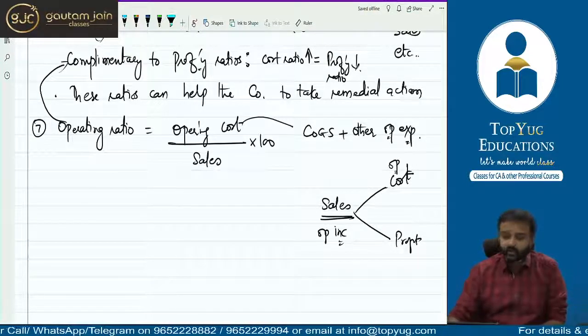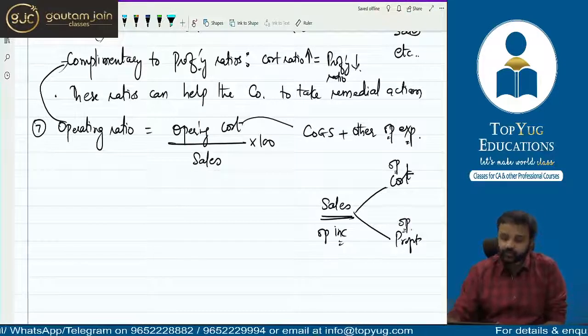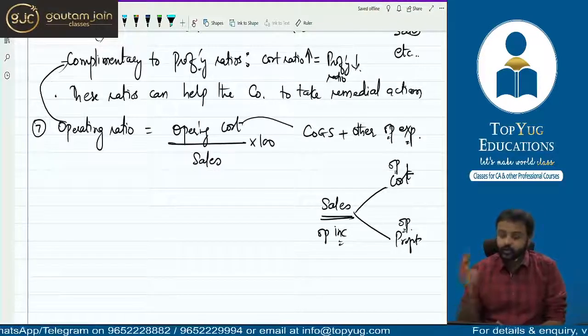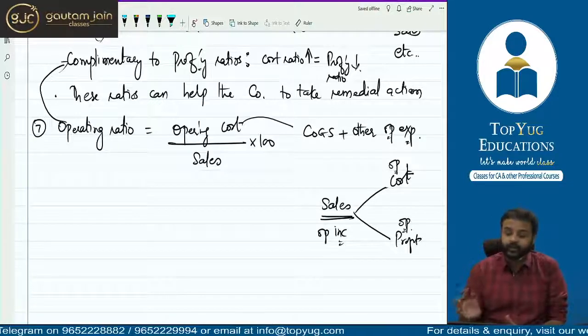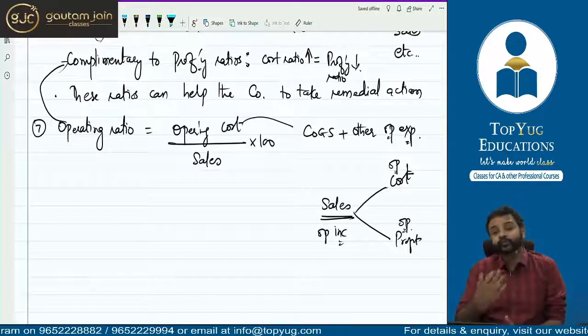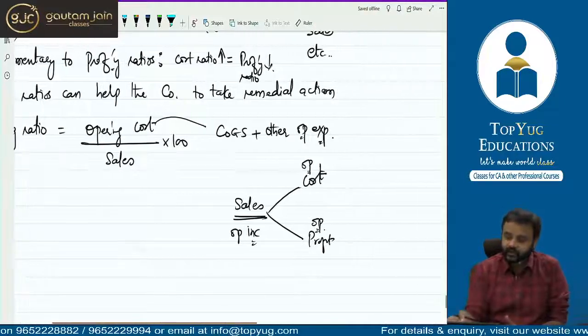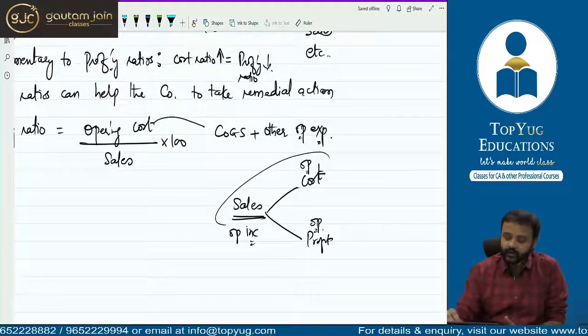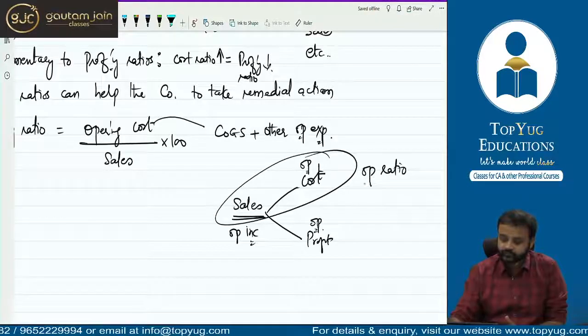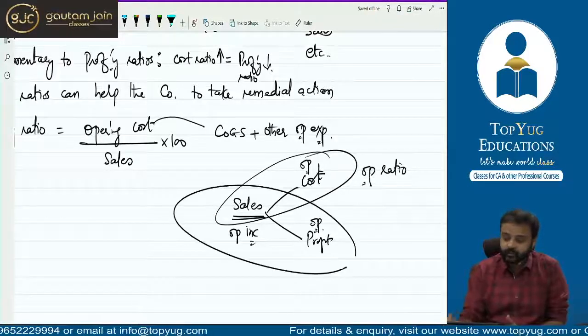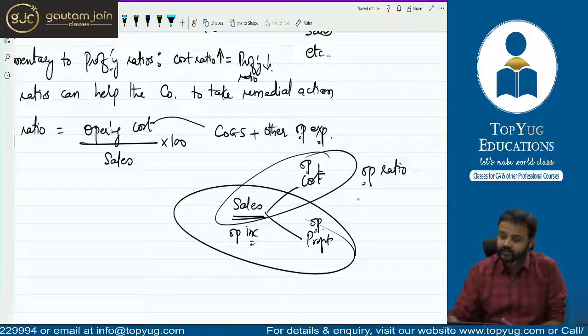Operating cost. When you are talking about profit, which profit? Operating profit. So operating cost to sales is operating ratio. Operating profit to sales is operating profit ratio.